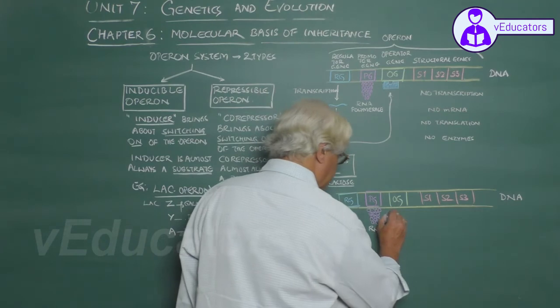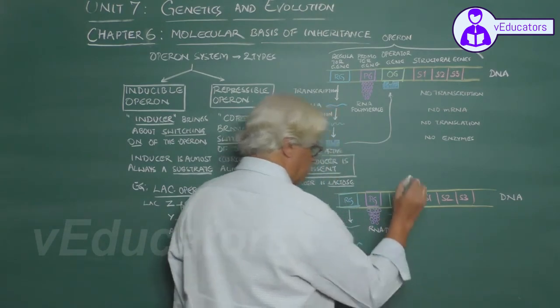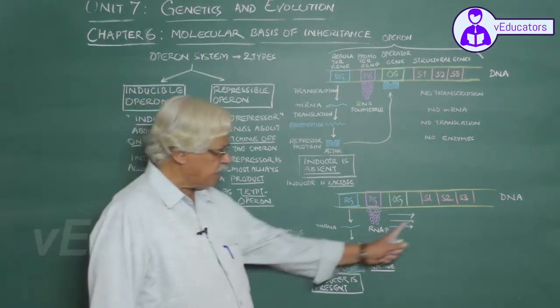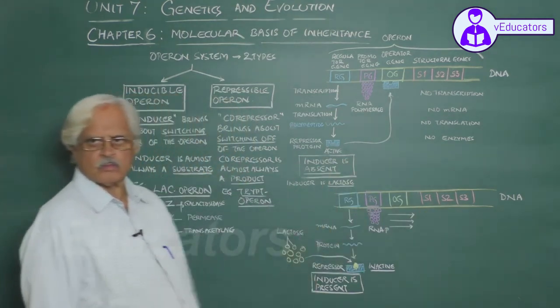Therefore, RNA polymerase molecules can freely reach the 3 structural genes.